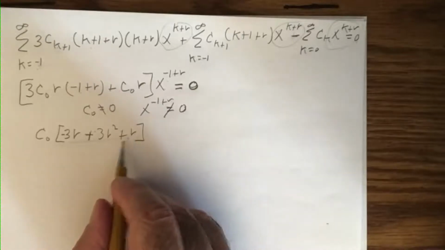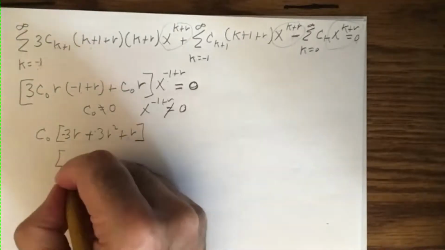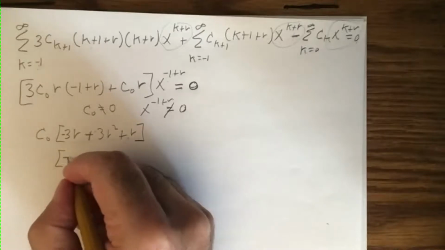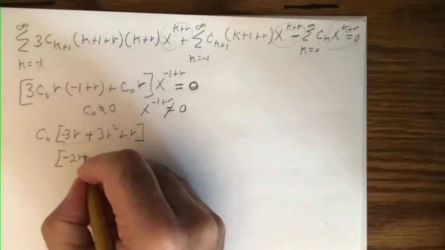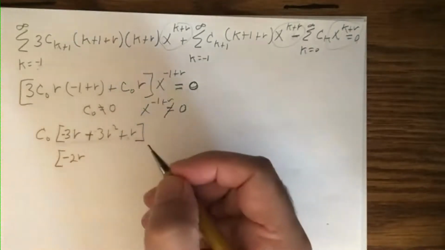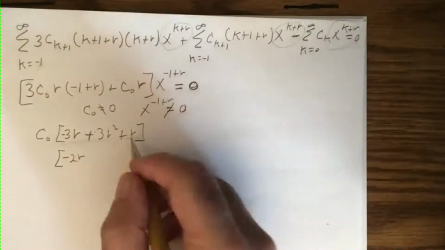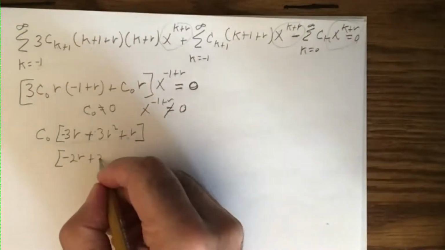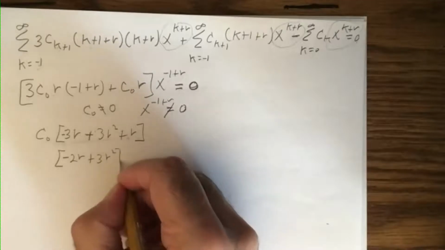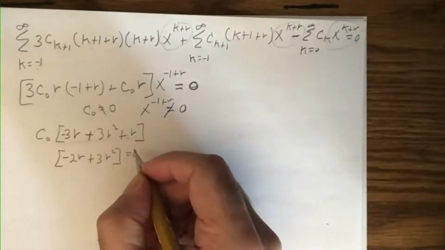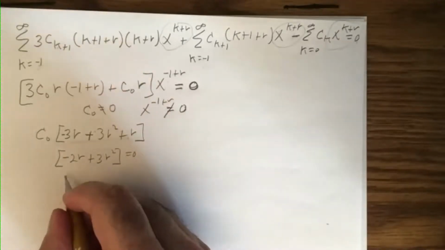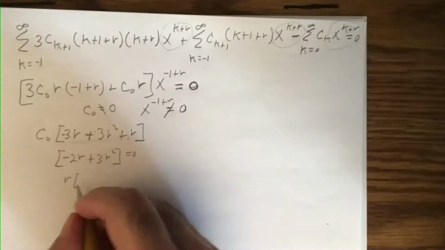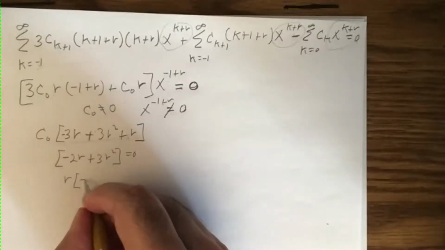So what do we got here? Another way of writing this is minus 2r plus 3r squared, and that has to be equal to 0. I could factor the r out.